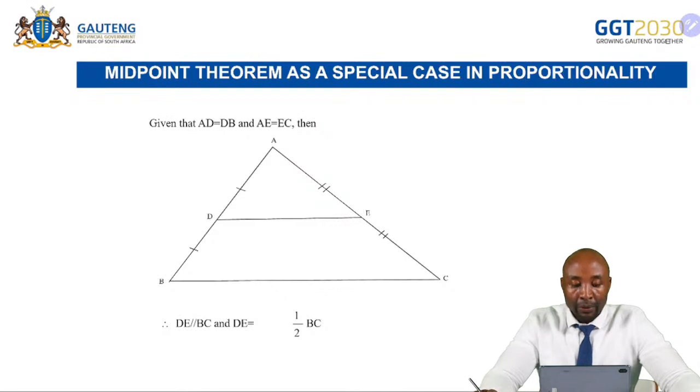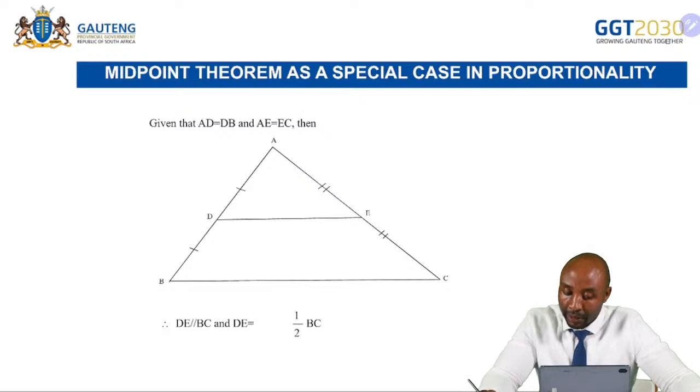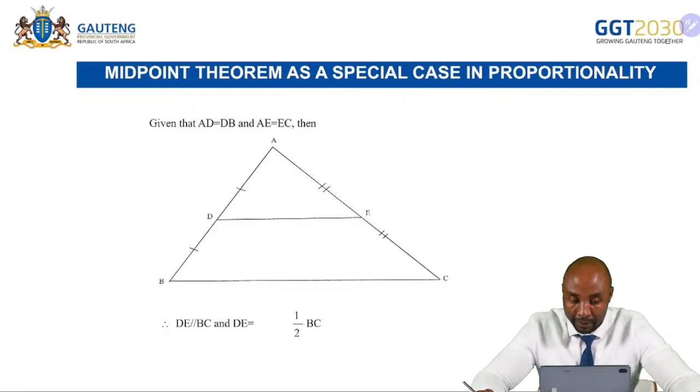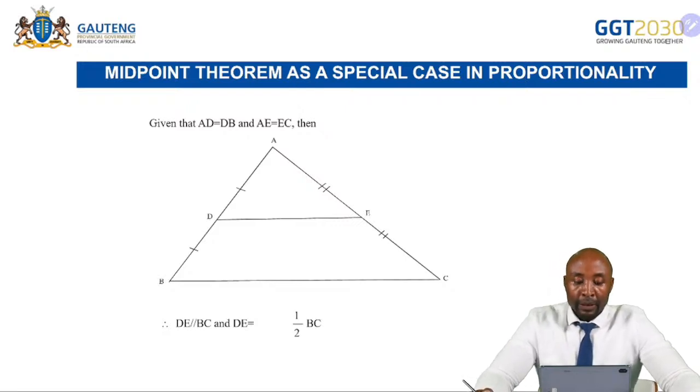But we are going to use the midpoint theorem, but for our purposes in grade 12, we are not supposed to know the proof of this theorem, but it is done at grade 10 level. Now, the proportionality theorem and the midpoint theorem are used in most cases to prove our triangles.